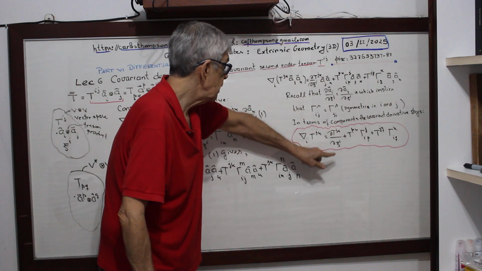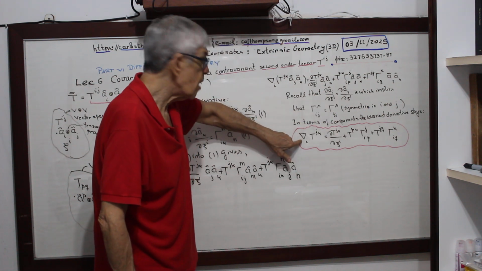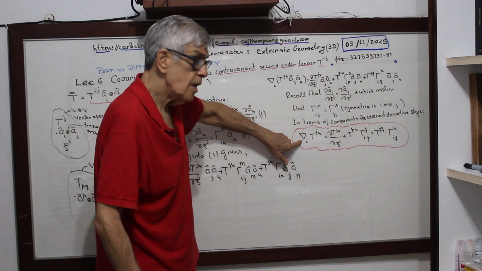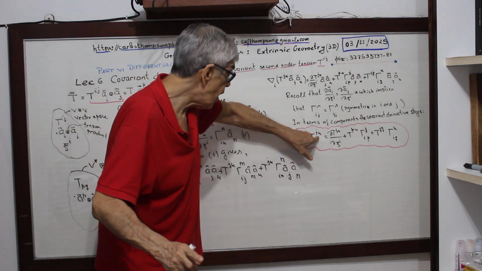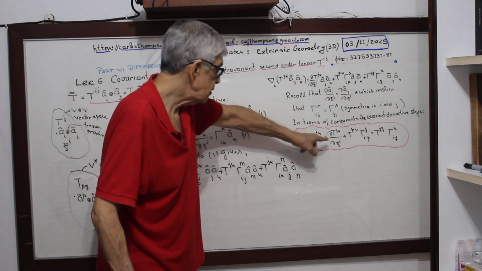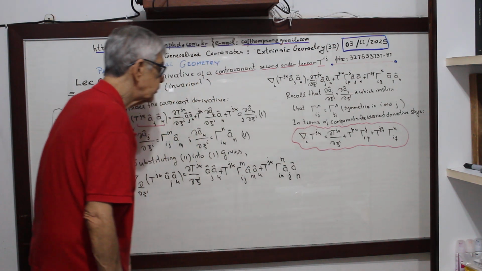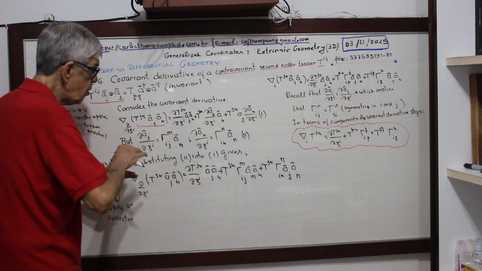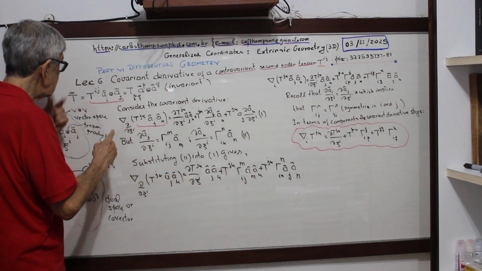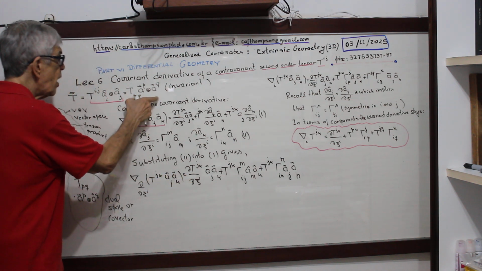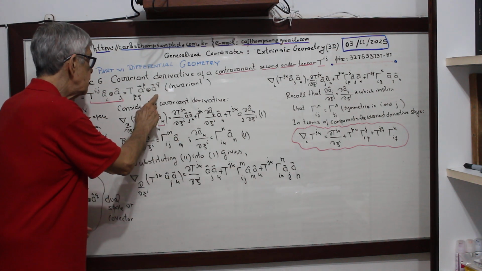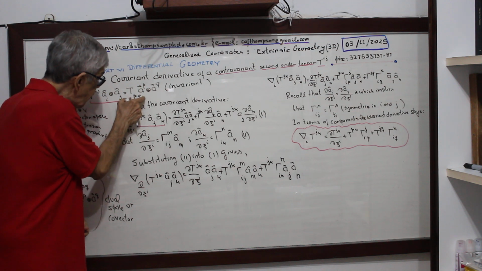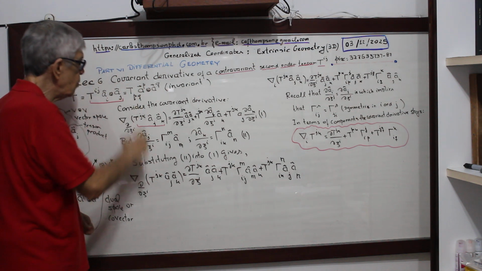You see, these are components of the covariant derivative of a contravariant component. Just look clearly. I will finish here, and then in lecture 7, I will derive exactly as we did here for the covariant component. This will be the covariant component.